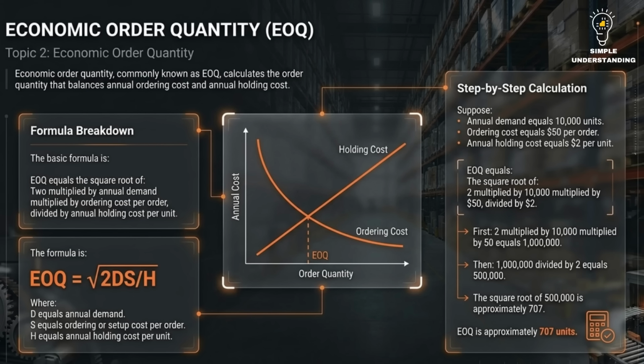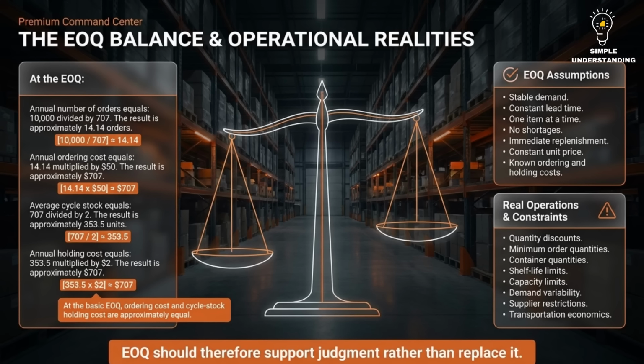Then, 1 million divided by 2 equals 500,000. The square root of 500,000 is approximately 707. EOQ is approximately 707 units. At the EOQ, ordering cost and cycle stock holding costs are approximately equal.